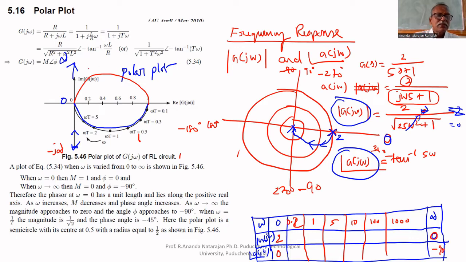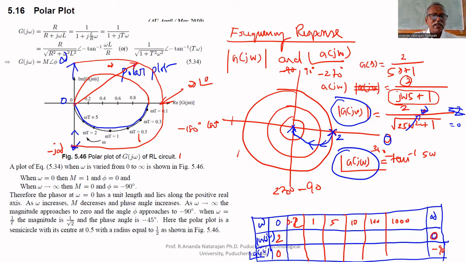And if you take a semicircle of radius infinity, what is the magnitude? Infinity. Suppose I am taking a coordinate here. What is the magnitude here? Infinity. What is the angle? 0.